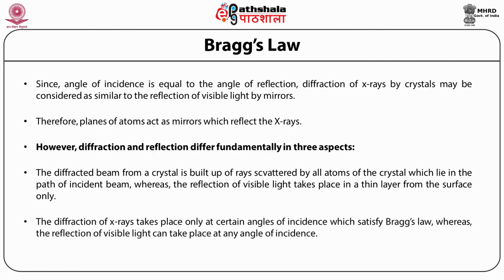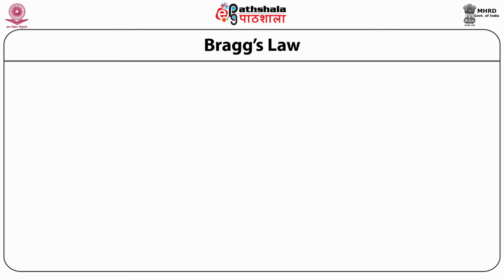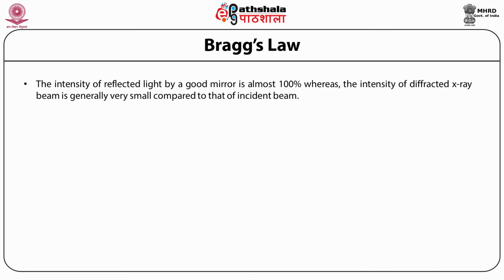The diffraction of X-rays takes place only at certain angles of incidence which satisfy Bragg's law, whereas the reflection of visible light can take place at any angle of incidence. Thirdly, the intensity of light reflected by a good mirror is almost 100%, whereas the intensity of the diffracted X-ray beam is generally very small compared to that of the incident beam.